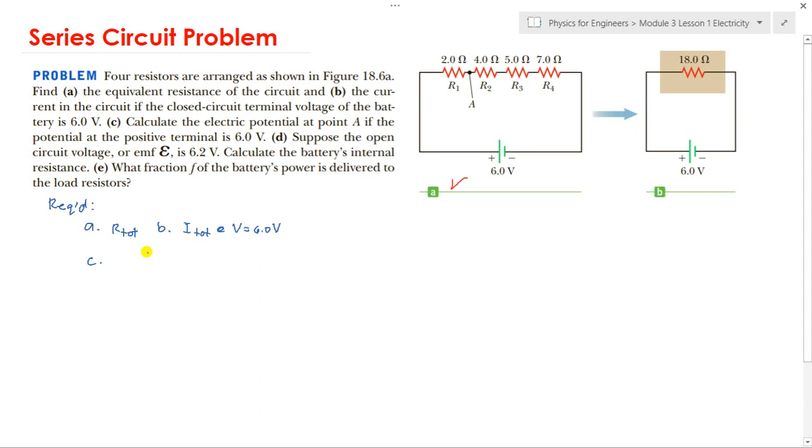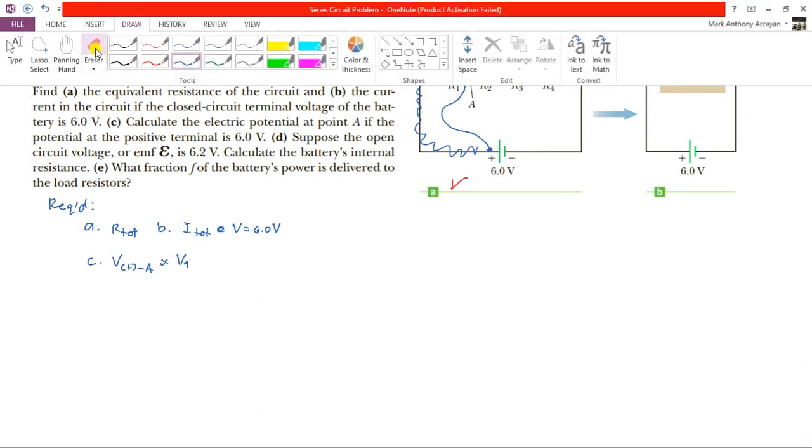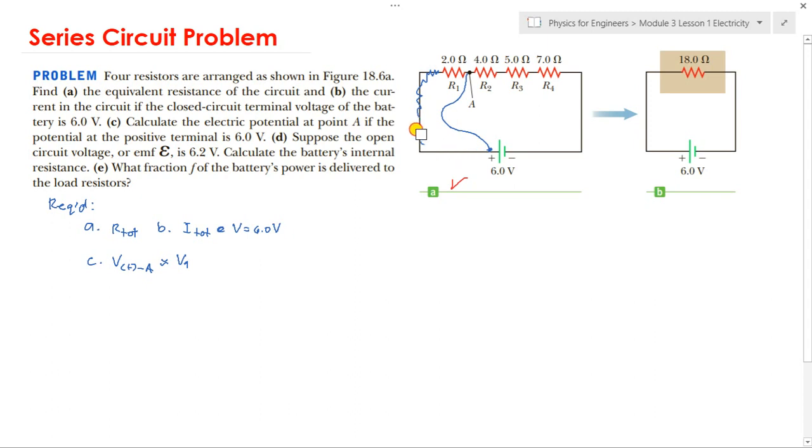So at the positive, again, voltage is point by point. So that is the voltage at the positive terminal to A, or that is just simply equal to the voltage at resistor 1. Kay mao man yang gi-cover up dire. So therefore kani nga voltage ay hanggi pasabot. So that is just equal to the voltage at resistor 1.